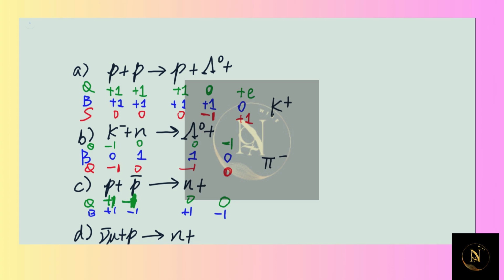Finally, the strangeness. Strangeness for everything is 0. So we have 0 charge, 0 strangeness, -1 baryon number. So this particle has to be anti-neutron.